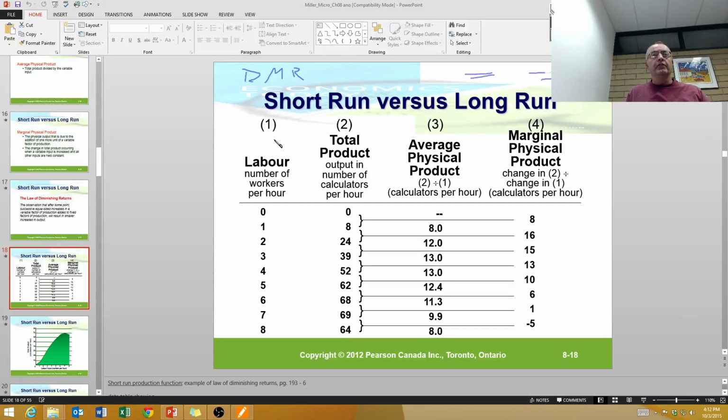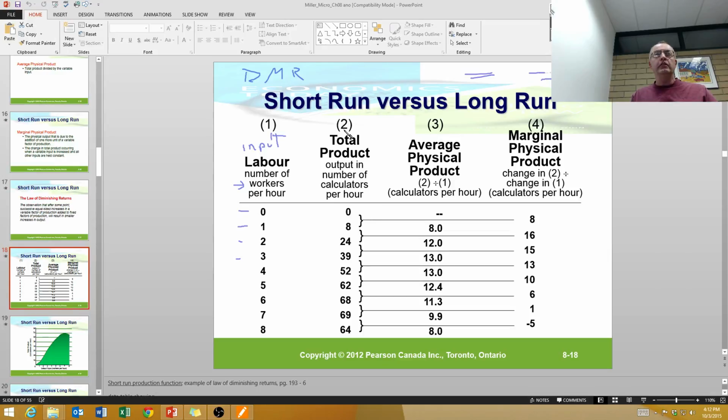Okay, so in our first column here we have input, and they're going to count the number of workers per hour, not hours. So we start with 0 workers per hour, then 1, then 2, and 3 workers per hour.